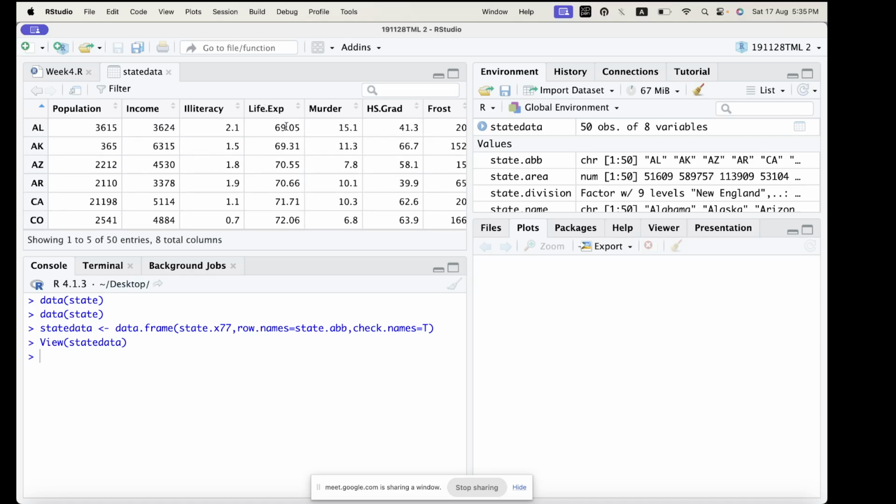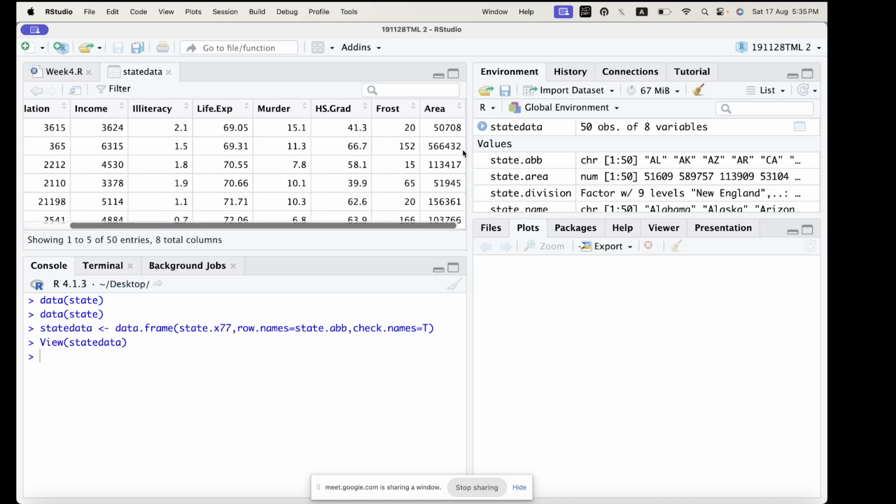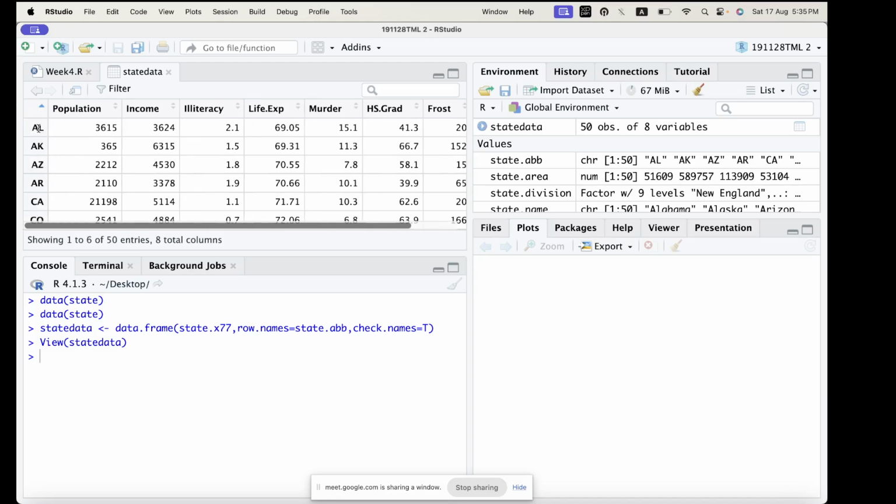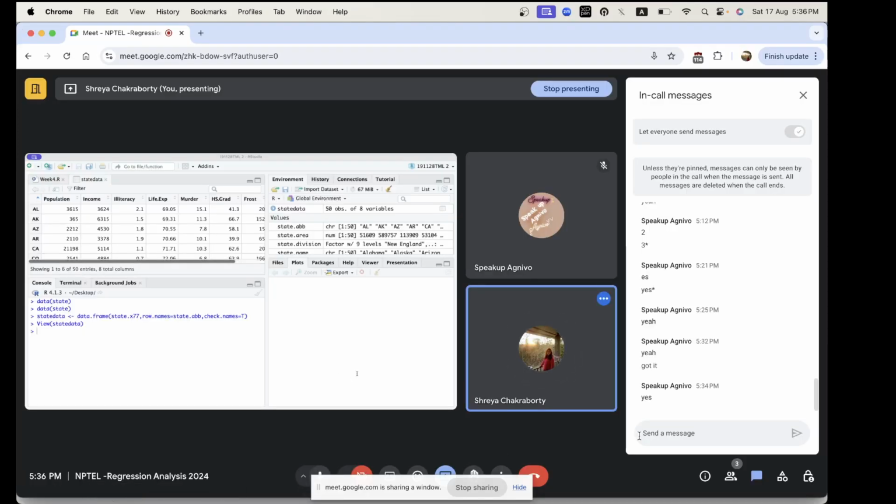And we want to find out how life expectancy is related based on these other predictors. Or in other words, which of these predictors actually affect your life expectancy. All right, please let me know if the data set is clear to you.